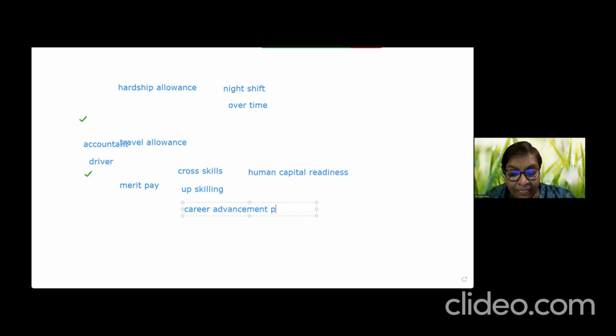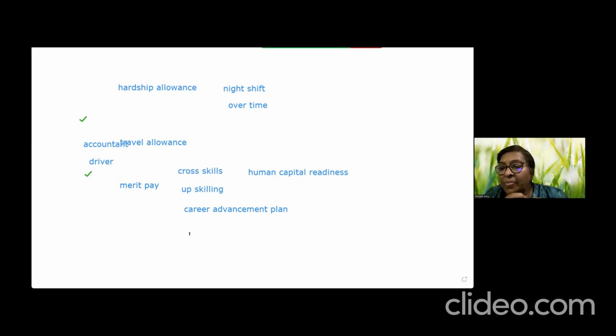How do I retain my best accountants, BCom guys? I'll say, hey, in these 3 years or 5 years, if you certify yourself with the CAIIB 1, you get an additional incentive. Then CAIIB 2, you get another additional incentive. Then by the time, you get a promotion to become a manager. So they are creating something called a career advancement plan.